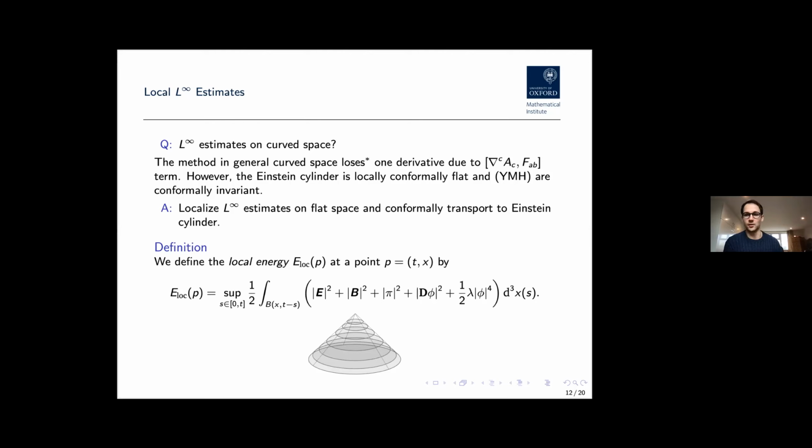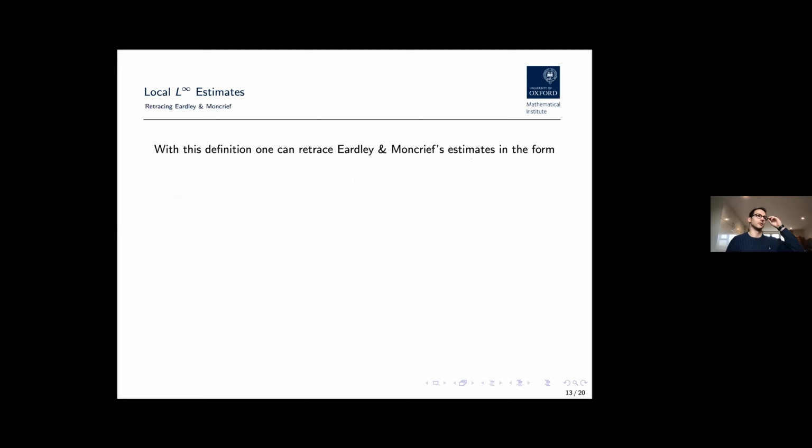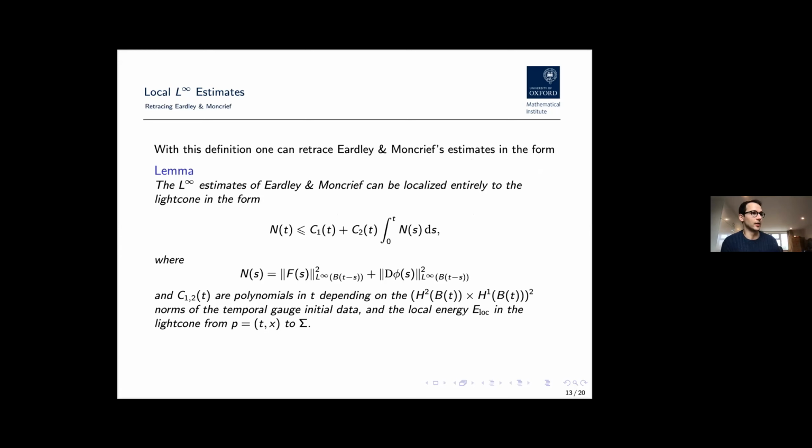So you take the supremum of the slices, of the space-like slices of your light cone. And equipped with this definition, it's then essentially a trivial matter to retrace Eardley and Moncrief's estimates to deduce essentially the same kind of estimate, but now the L-infinity norms are confined to a local light cone from a point that I have chosen arbitrarily in Minkowski space.